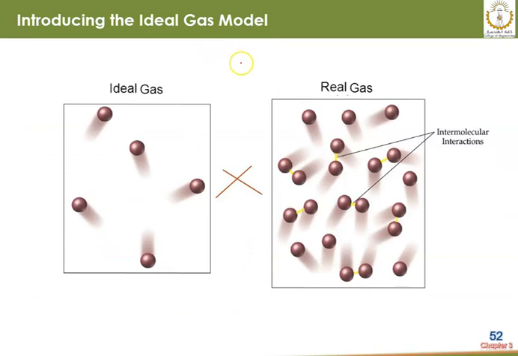Ideal gas model is an ideal model, okay, which means that it has many assumptions. For example, in real gases, although the intermolecular forces are very small, they are still there.